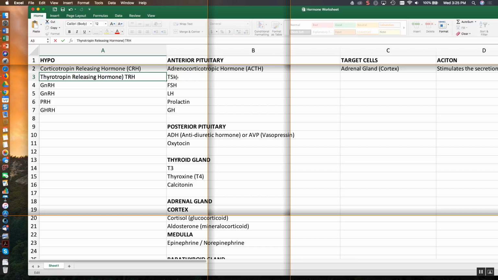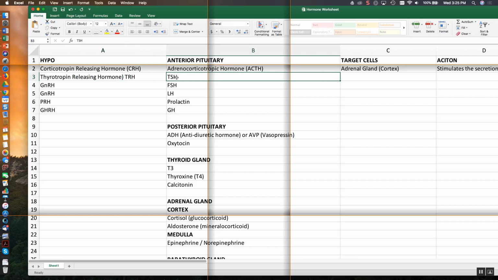Yeah, but what specifically is causing the release of thyrotropin releasing hormone? Perfect. It's low levels of T3 and T4. Okay? And that sends a signal to the anterior pituitary to release thyroid stimulating hormone.